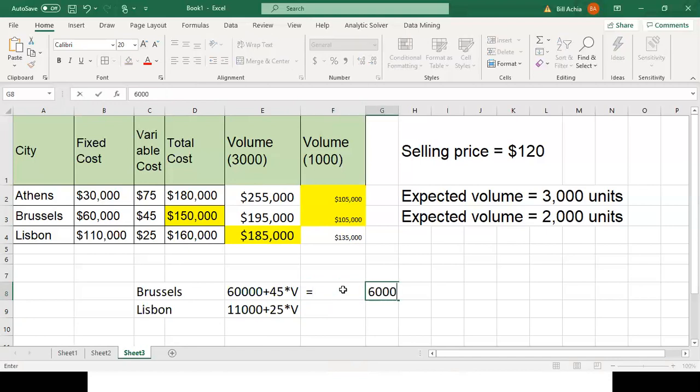So we have 60,000 plus 45V at that crossover point, and this is going to equal 110,000. Yeah, I think I didn't get that right here.